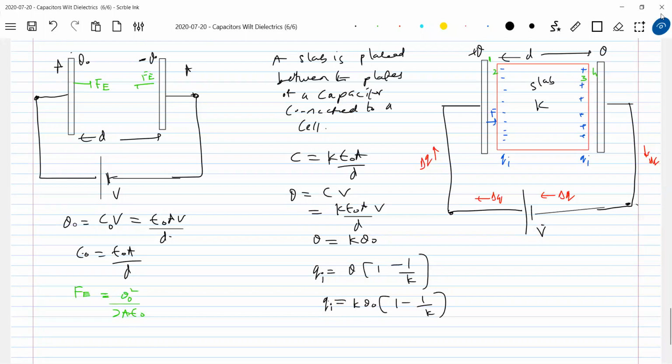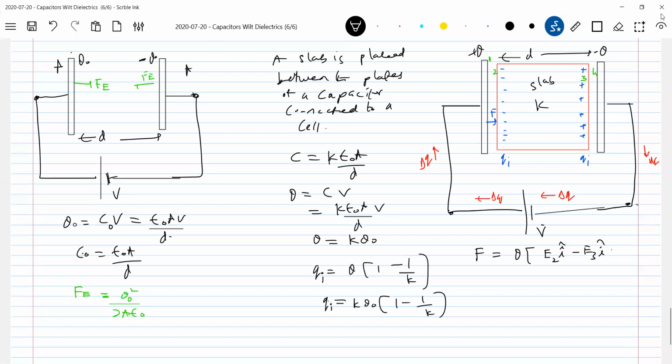Now the method will be like this. So we have to get the force, no? The force acting on the slab. The charge present on surface 1 will experience force due to field produced by the charge on surface 2. It will be towards right. Then this will be minus sign, no?